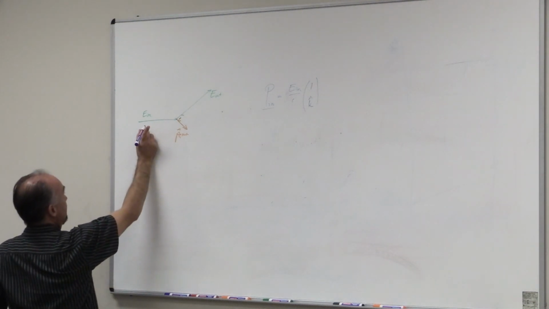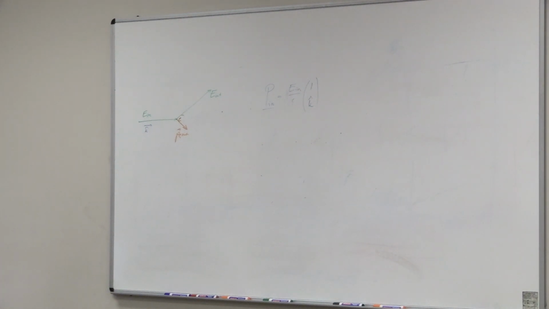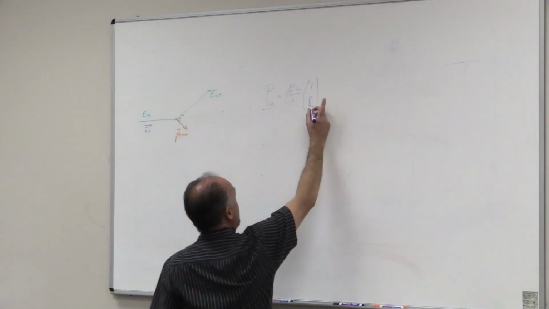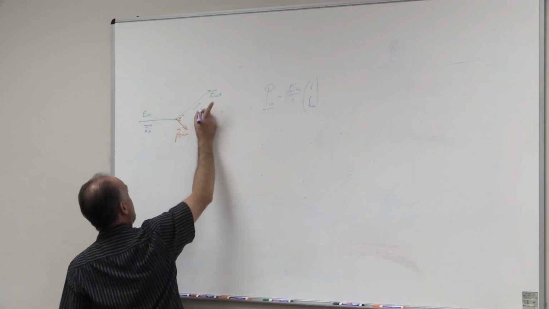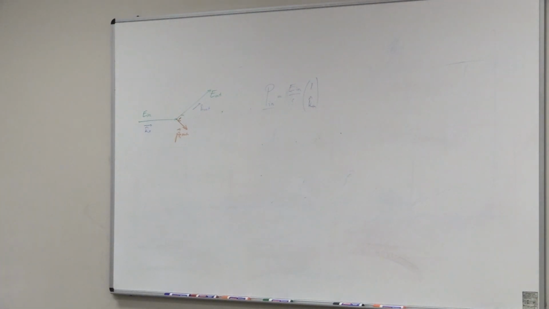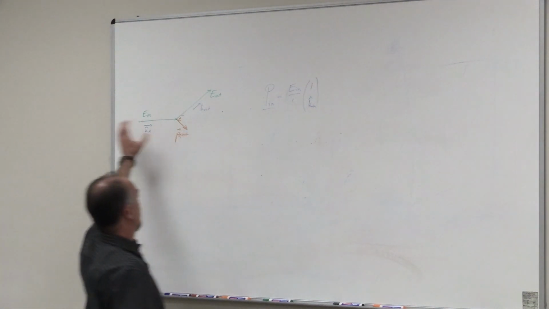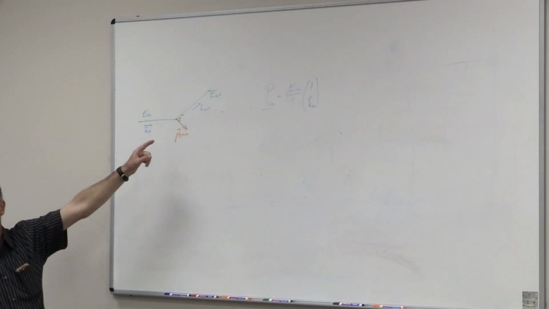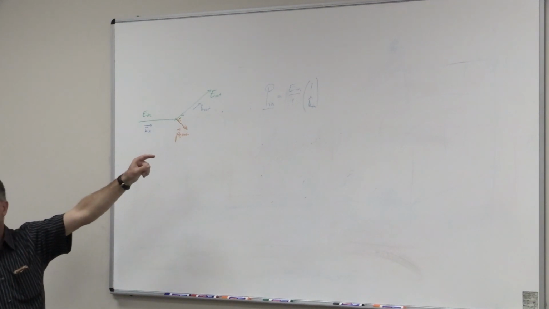So let's call k the direction of propagation of the photon before, or actually let's call it k in. And let's say after scattering, the photon goes in some other direction, k out. Do we have more four momentum than before? Anything missing? Nothing missing? Everybody agrees that there's nothing missing?